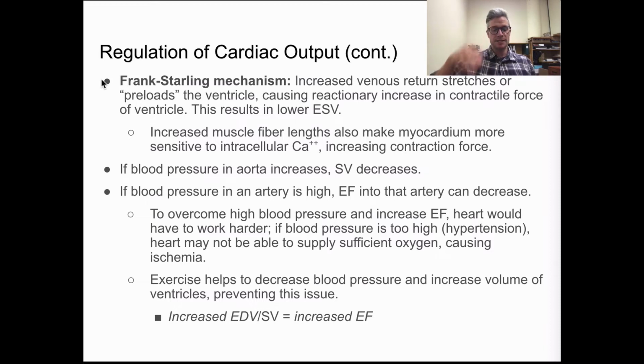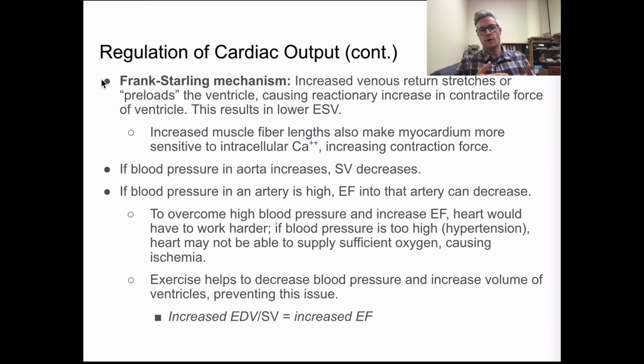So what will happen is, once we get an increase in venous blood return, so if you think about our heart in diastole, so it's relaxing and filling, but for whatever reason, usually exercise, and we'll get to how this venous return occurs a little bit later, essentially we force in a little bit more venous blood into the heart. So as it's filling up, it kind of has this fixed space, but if we push in extra blood at that point in time, the heart will actually expand more, right?